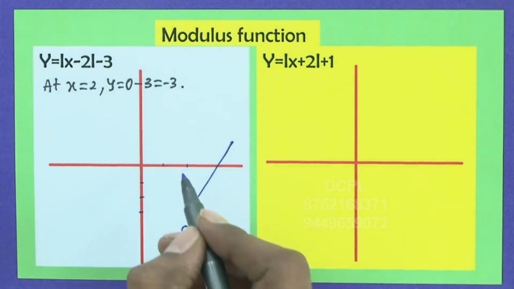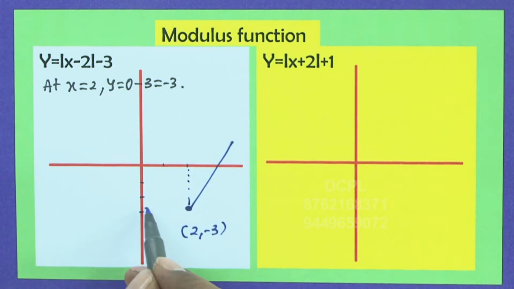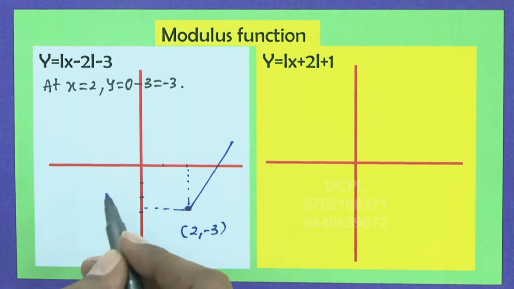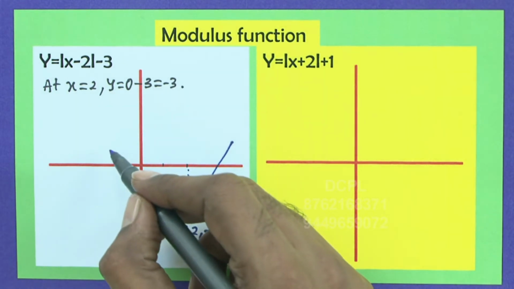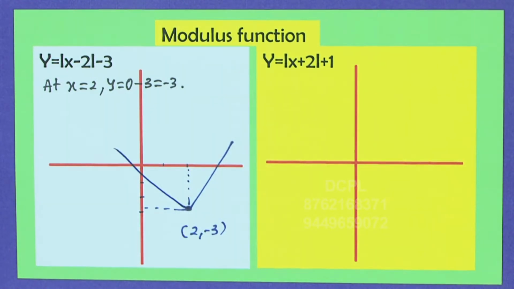Anyway, this is 2 and this is minus 3, right? So, now the graph should look like this. Do you agree with me, right?